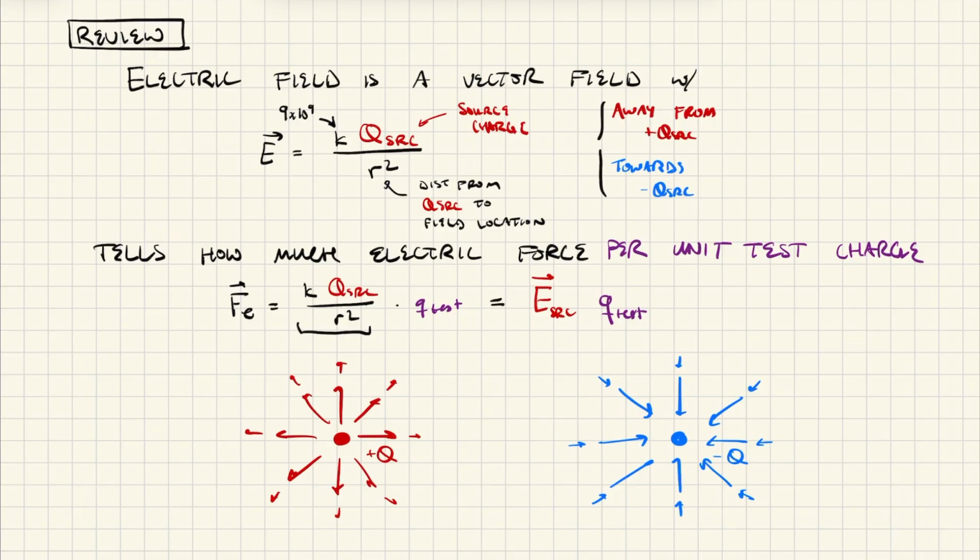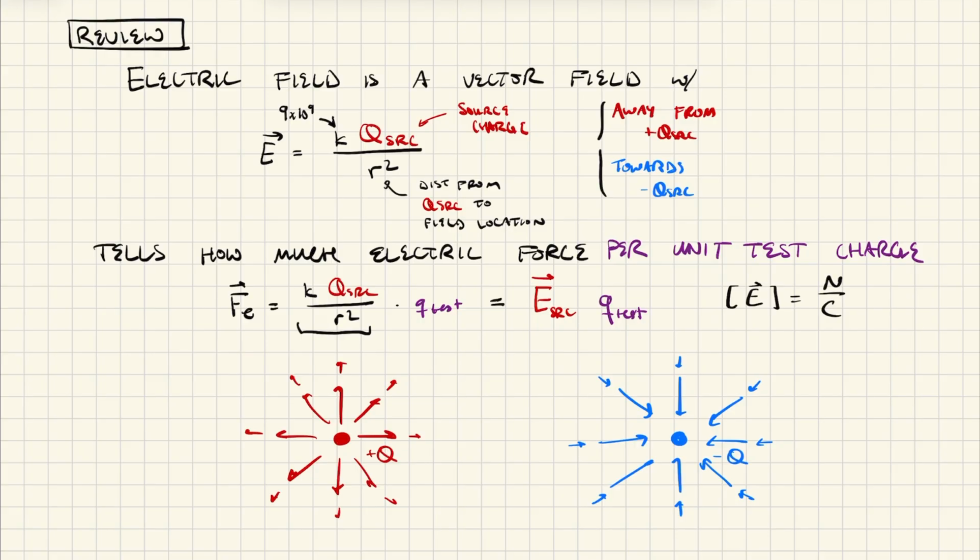The structure of this equation tells us that the electric field tells us how much electric force we get per unit test charge we plug in. In other words, the units of the electric field are newtons per coulomb. If you multiply by a test charge, then you can figure out proportionally how much force you get per unit test charge you plug in here.